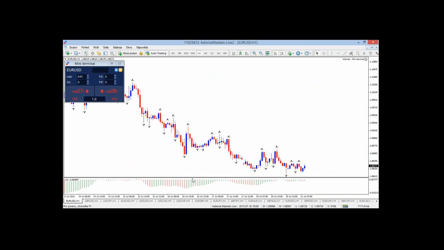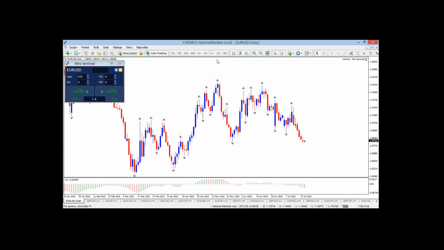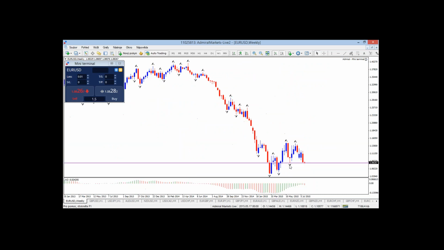The euro dollar 1 hour chart, you can see price has reached 1.0820. This is an important level. Just looking from a relatively blank chart, we can see that this is a weekly bottom, basically, right here, a weekly support level. So that is a very interesting level because is it going to bounce or break? For the moment, I would think a bounce.